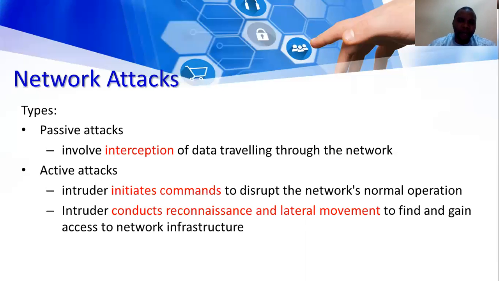It's quite different from peeping, trying to look at data while data is traveling, which perhaps even the owner of the data might not know. But in the case of the active attack, the owner will know that something is wrong with my network, or something has happened to my network, which makes it active in this case.